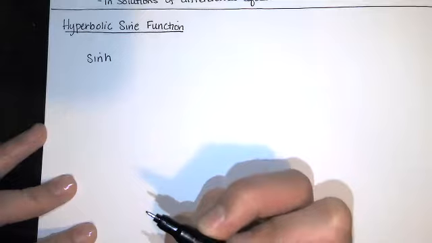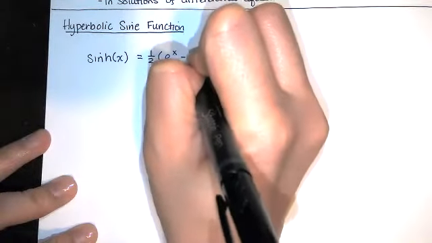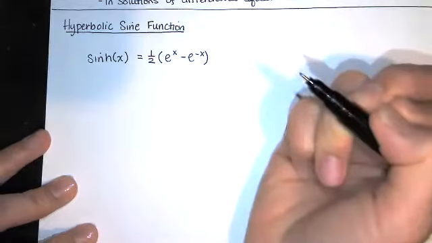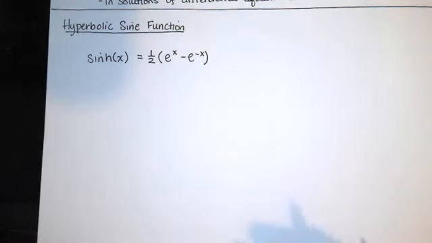It looks like sine with an h, sinh of x, and it's defined to be this. It's 1/2 of e to the x minus e to the negative x. And it has a lot of properties in common with that trigonometric function sine of x.